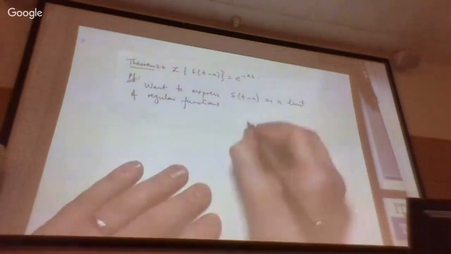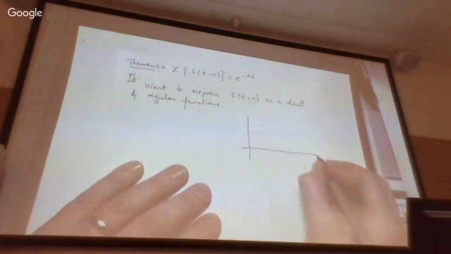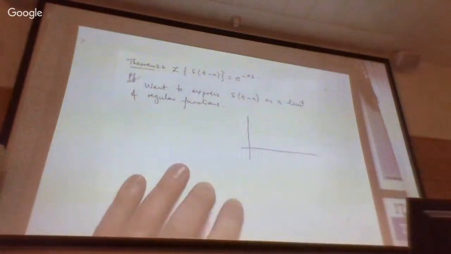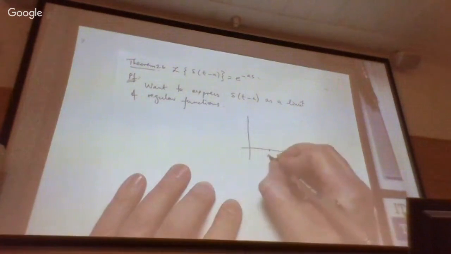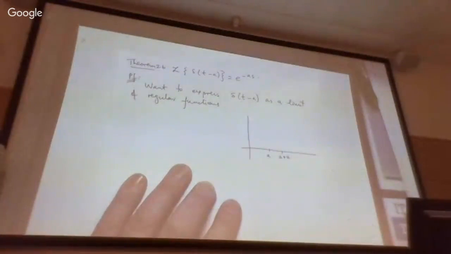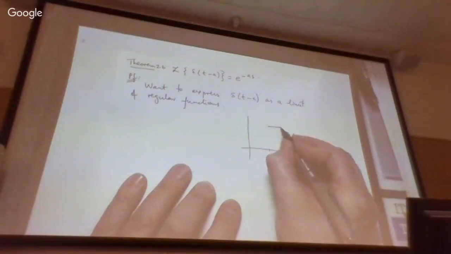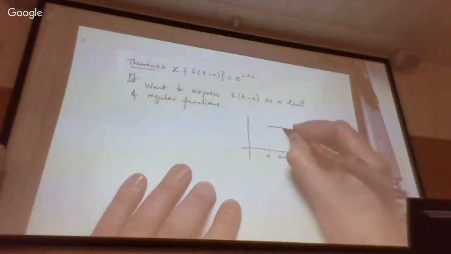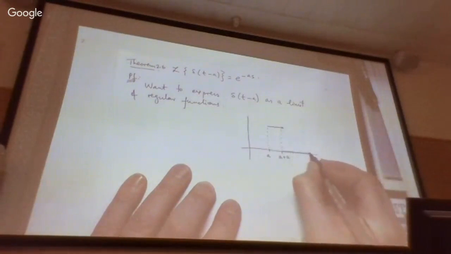So what we're going to use is some step functions. If we're going to consider this function here, it's 0 everywhere.